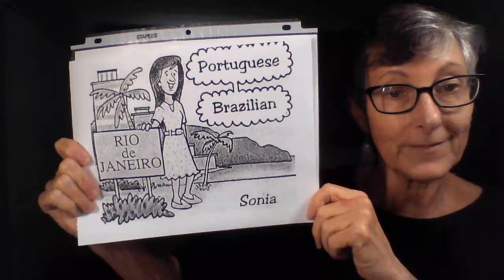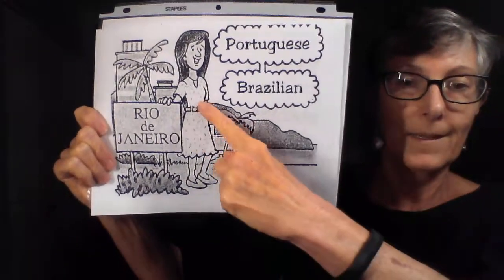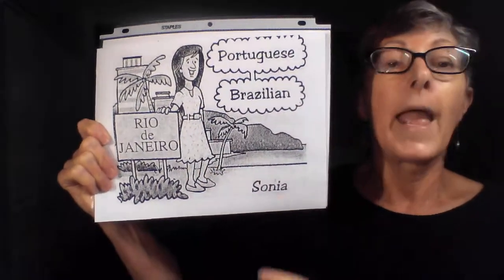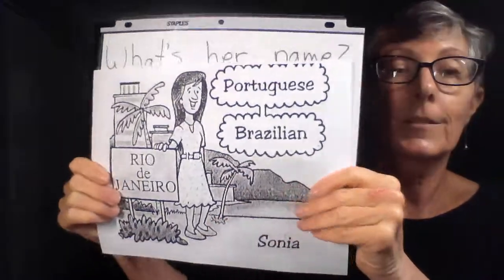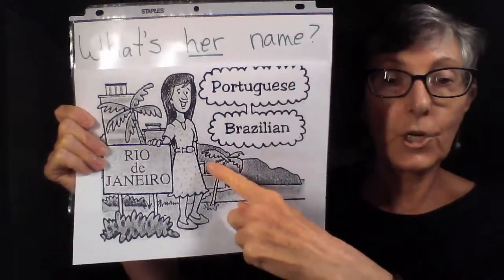Okay, number five. I know we're almost finished. He or she, correct, she. And we need to use what other word? Correct, her. What's her name?